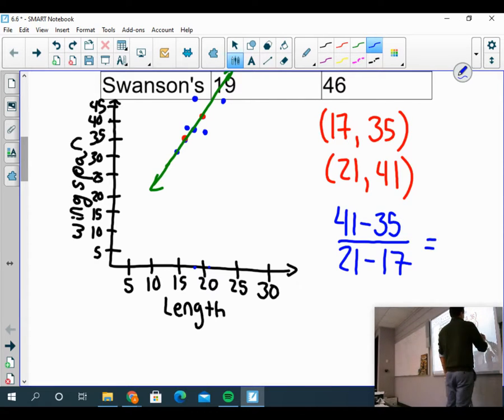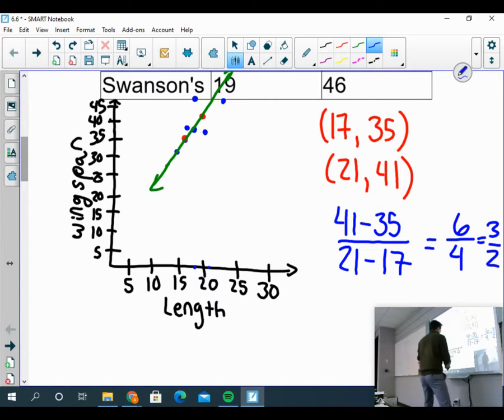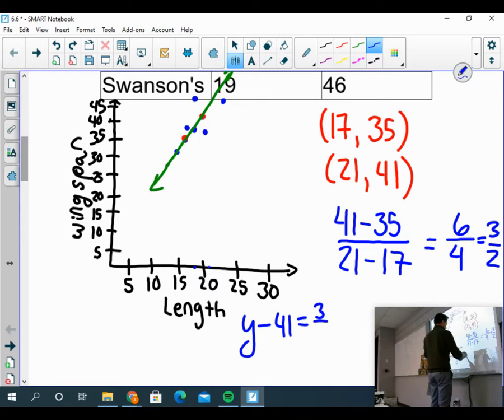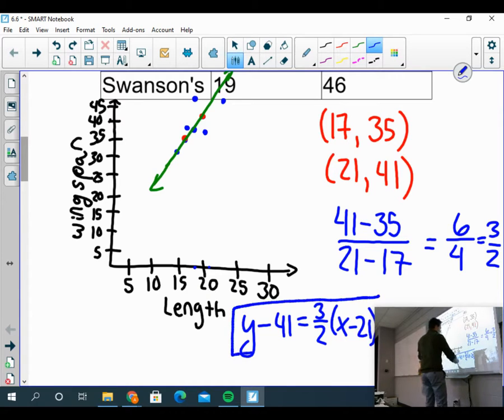When I do the subtraction, I get 6 over 4. Same thing as 3 over 2. So I've got my slope. I'm going to pick one of the points to use. And boom, I've got the equation for my trend line.